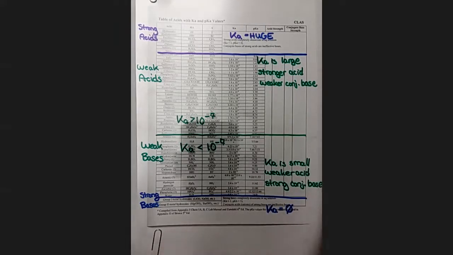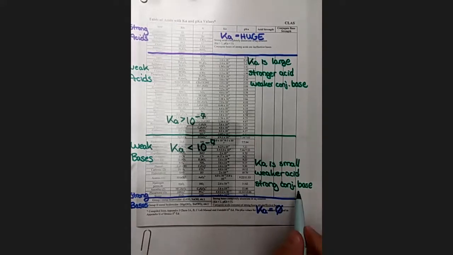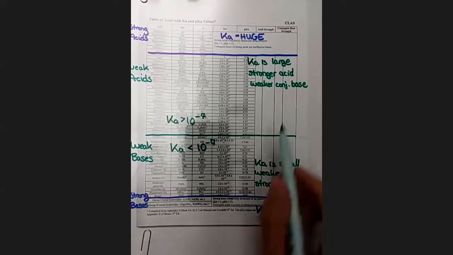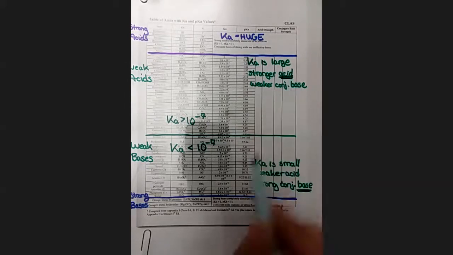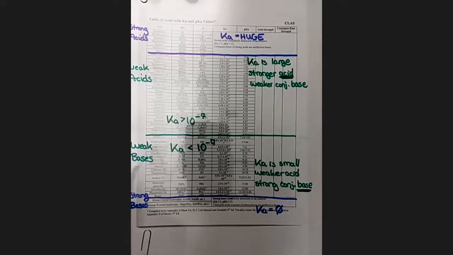And it feels a little odd to call these conjugate bases because usually we would call it a base and a conjugate acid. The base is the most important part at the small end of the Ka scale, and the acid is the most important part at the large end of the Ka scale.